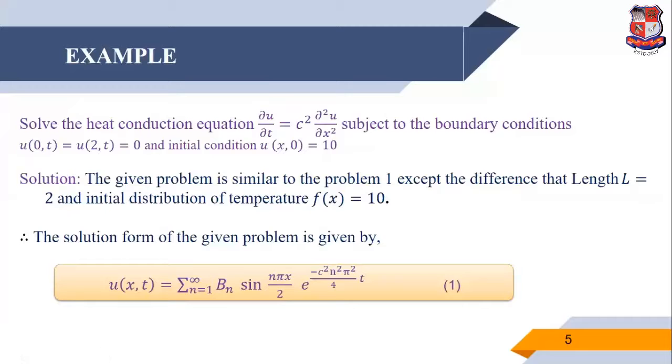And in the previous problem, for the initial distribution of temperature, we considered the general function f(x). Here, the initial condition is given as 10. So f(x) is equal to 10, length L is equal to 2. At x is 0, the temperature is 0. That means the left end, and at x is equal to 2, again the temperature is 0, that is the right end. So both ends are held at 0 temperature.